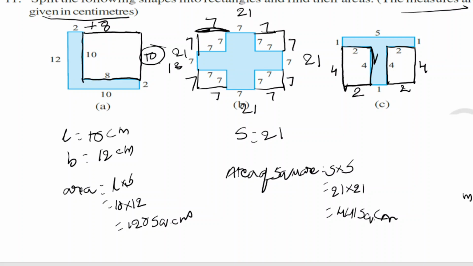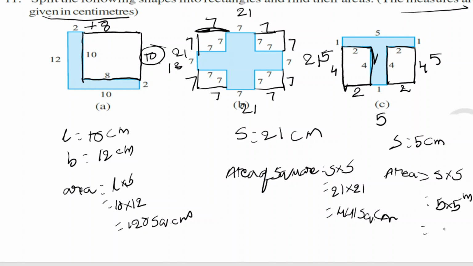So here it formed a square whose sides are 5 centimeters. Each side is given as 5 centimeters, so the area of the square is equal to S into S, that is equal to 5 into 5, that is equal to 25 square centimeters.